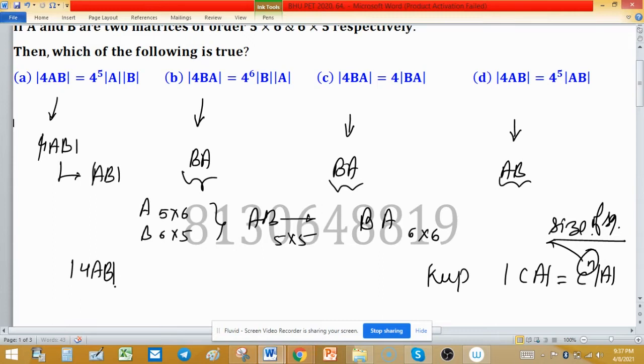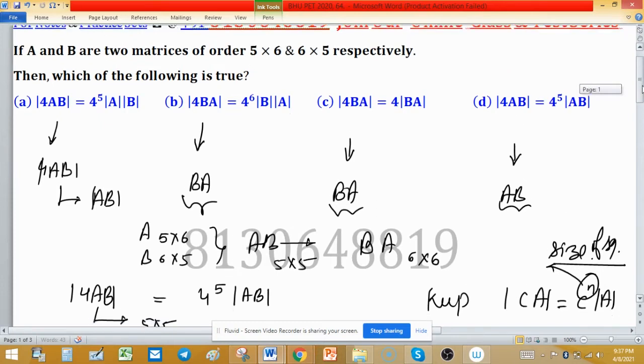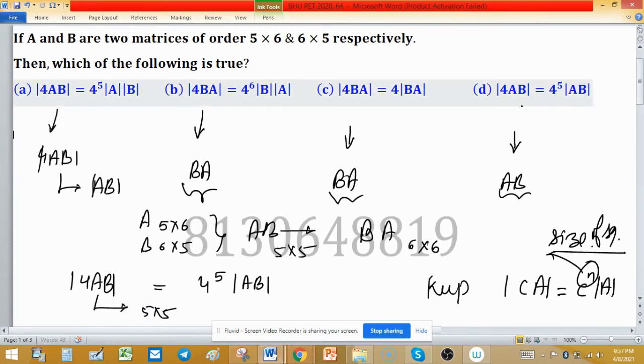Here AB is square matrices of the size 5 by 5. So answer of this one will be 4 raised to the power 5 determinant of AB. Using this fact, determinant of 4 times AB equal to 4 raised to the power 5 determinant of AB. Option D is correct.